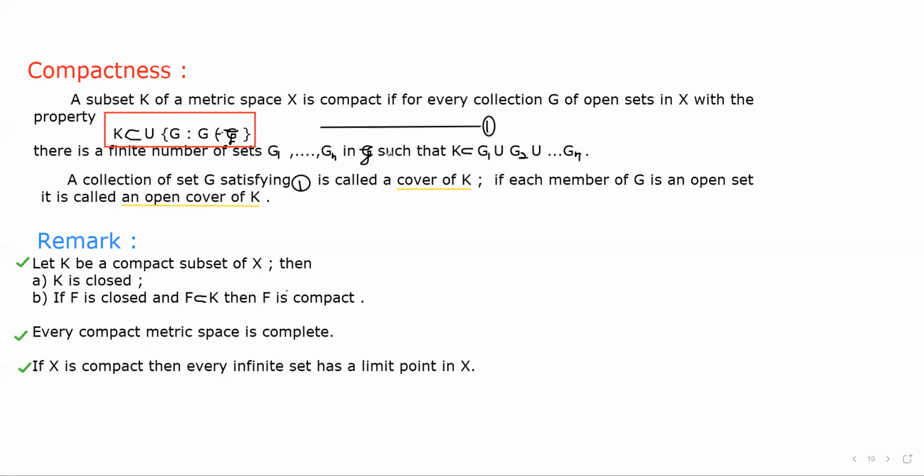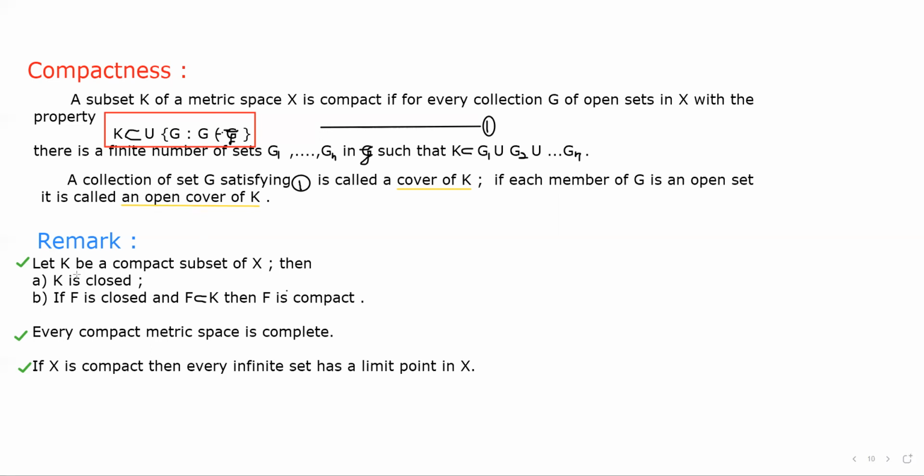Cover of K is the union of sets G. And the open cover of K is the union of open sets G. Okay, that's all.